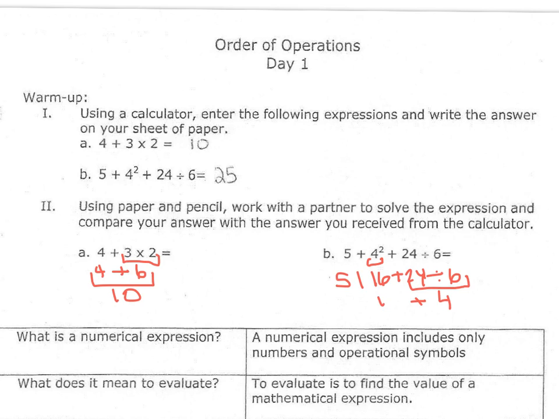And then rewrite the problem. Sorry, my pen isn't writing very well. And then you add from left to right. 5 plus 16 is 21. Plus 4. 21 plus 4 is 25. And so your answer is 25. And that's how the calculator got the answer.